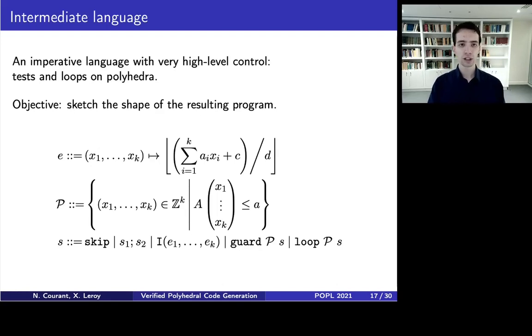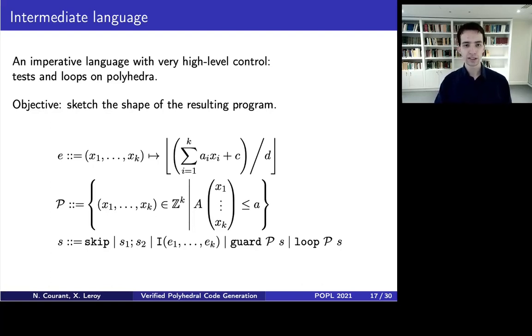The target language for this step is an intermediate language which is imperative but with very high level control, that is, it has tests and loops and polyhedra. The objective of this language on this path is to sketch the shape of the resulting program without going into details about how to perform the tests.